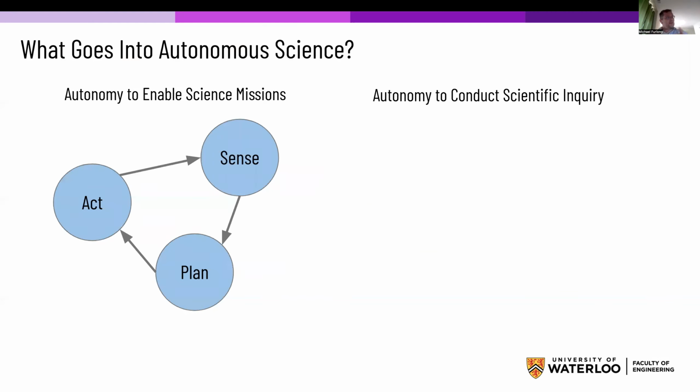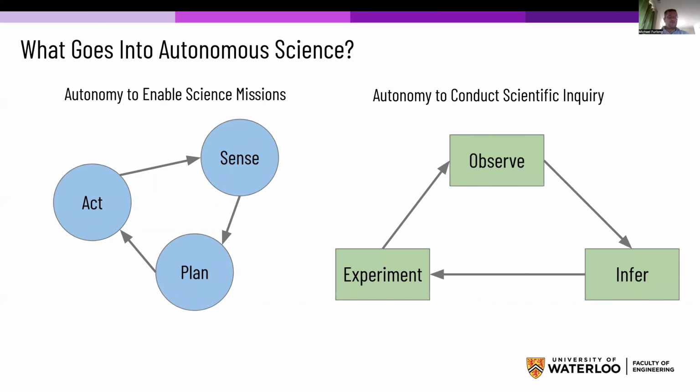But then there's the autonomy that's specifically about conducting scientific inquiry. And that's where we're having robots making decisions about what observations to collect. It needs to have ways to infer or generate hypotheses or update beliefs in previous hypotheses.